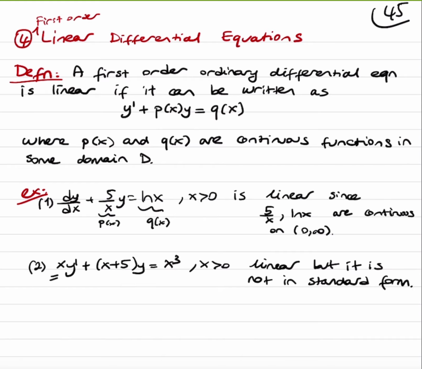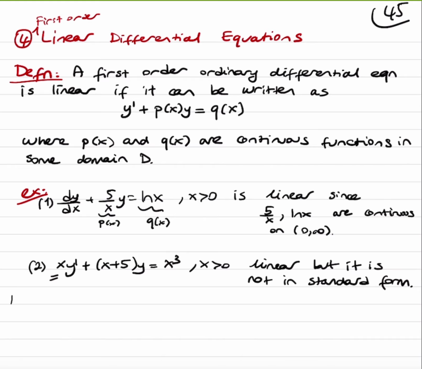Let's look at the coefficient of y prime here. In standard form we take it to be 1. But in this example, we can easily arrange it to be 1 by dividing by x.